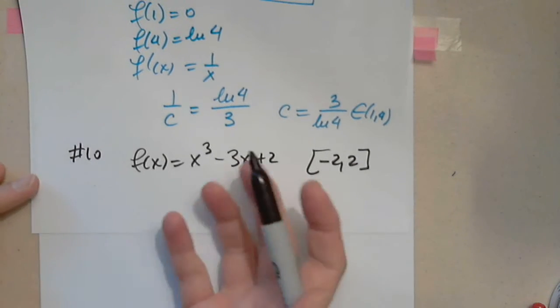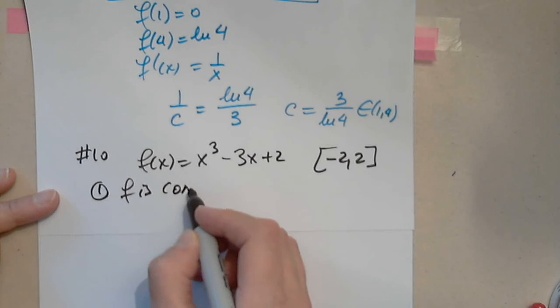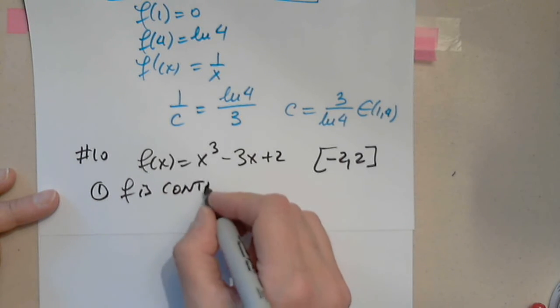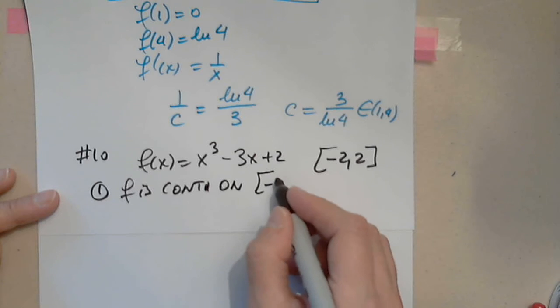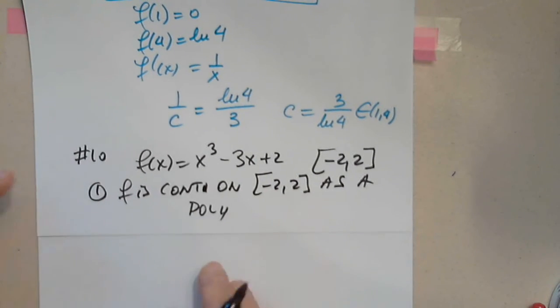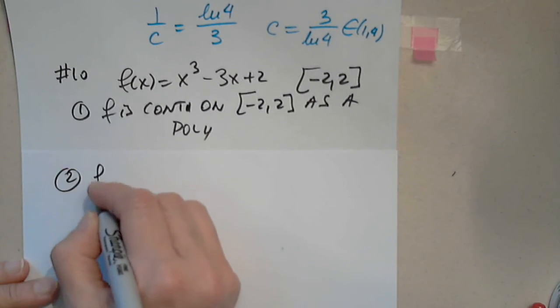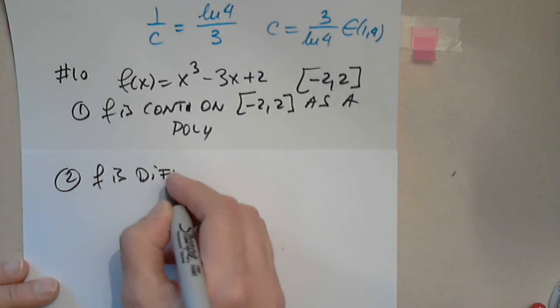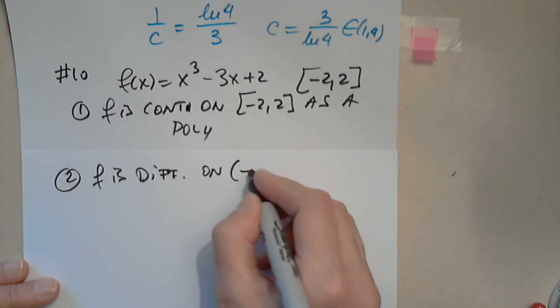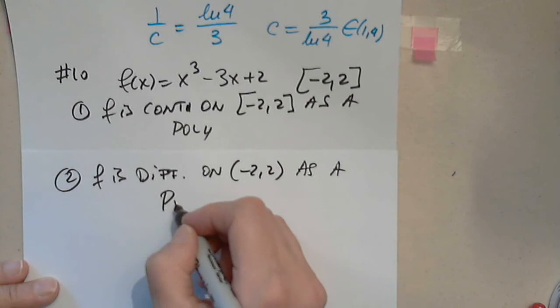I have to write, this is a polynomial function, it's number 1. F is continuous on -2, 2 as a poly function. And number 2, F is differentiable on at least -2, 2 for the same reason as a poly.